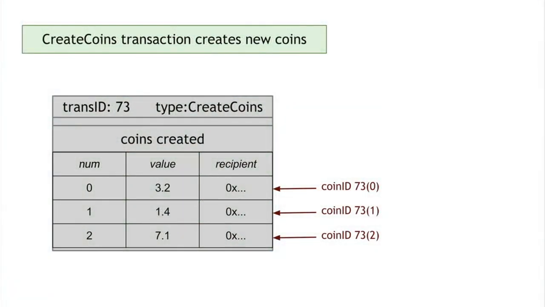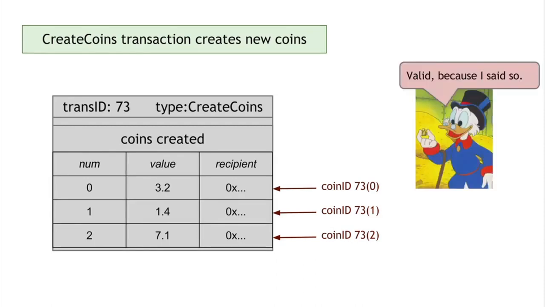Now we're going to have a concept in Scrooge Coin of a coin ID. That refers to a particular coin. So this particular coin here is coin ID 73 because it was created in transaction 73, and it was number 0 within that transaction. Similarly, we have 73 and so on. So every coin in Scrooge Coin has a coin ID that we can use to refer to it. A create coins transaction is always valid.